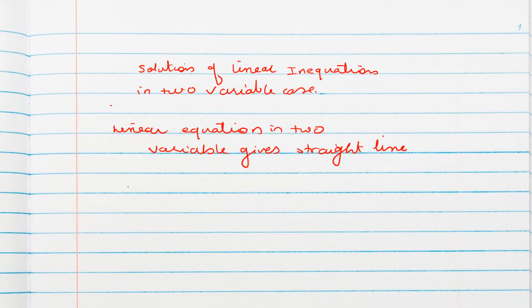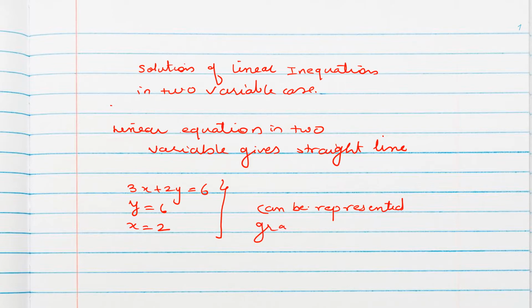Whether the equation is 3x plus 2y equal to 6, y equal to 6, x equal to 2, all these linear equations in two variables can be represented graphically by a straight line.